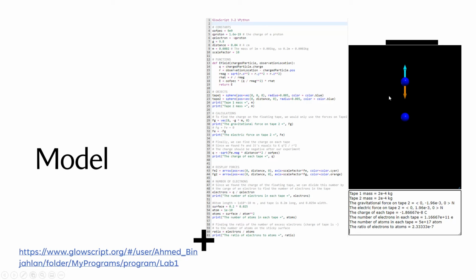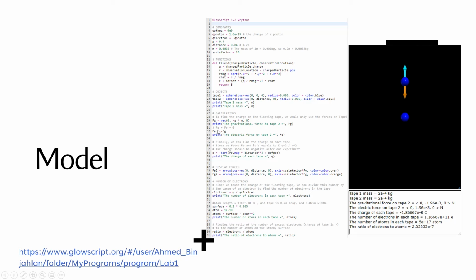To find the charge of the floating tape, we only draw forces on the second, or floating, tape. We found that the gravitational force equals the mass times g, the gravitational constant, in the negative y direction, which is the orange arrow.